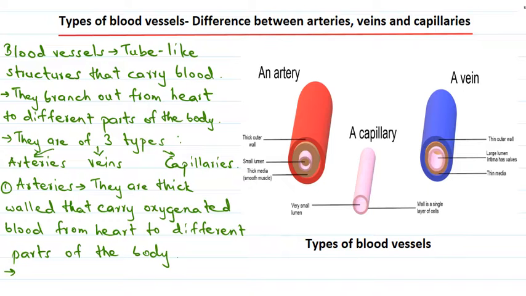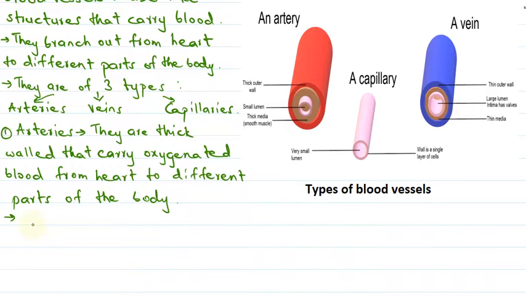The exceptional case is the pulmonary artery. Okay, so these pulmonary arteries, they are an exception. Why are we calling them an exception?